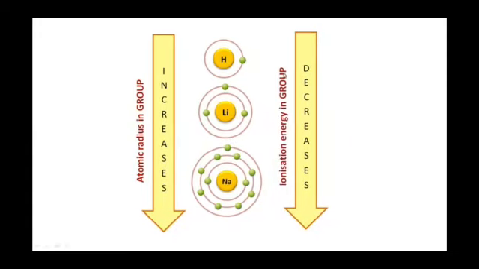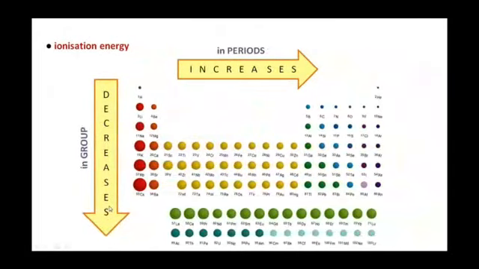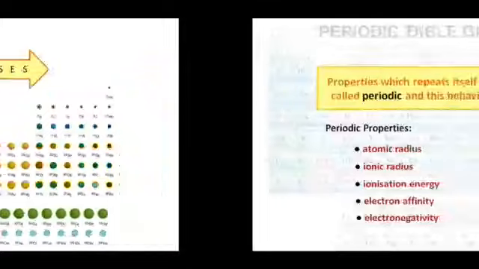Therefore, in the periodic table, along the group, top to bottom, ionization energy decreases. Let me sum up ionization energy. Along the periods, ionization energy increases, and along the group, ionization energy decreases.